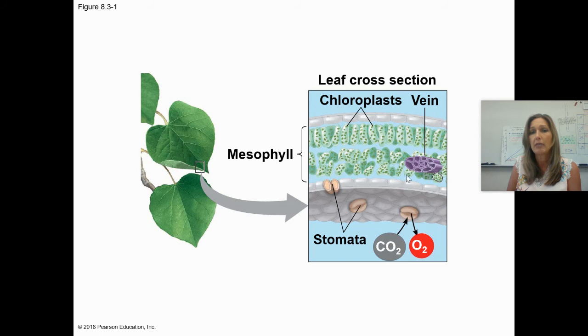Water is going to leave from the mesophyll space out to the atmosphere because it is a much lower water potential out in the atmosphere. So on a hot, dry, arid day, what ends up happening is a lot of water leaves the plant through these stomata, as the stomata were open during the day for carbon dioxide and oxygen exchange to occur.